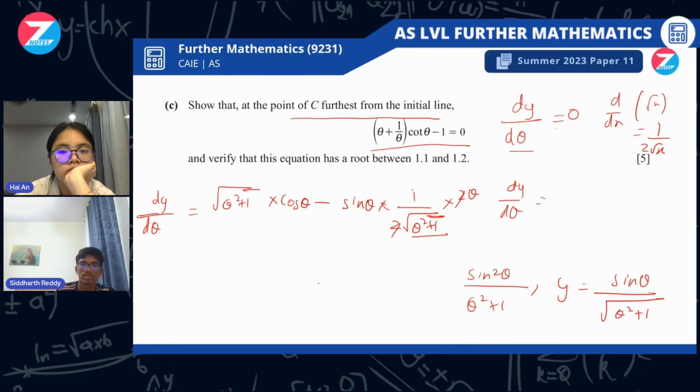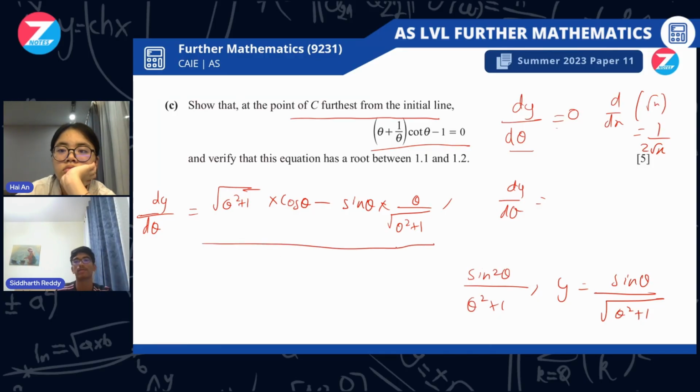This 2 cancels, and we are left with theta by root theta square plus 1. And this is all divided by the denominator square, which is theta square plus 1.